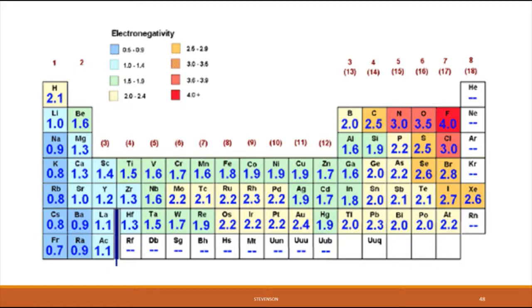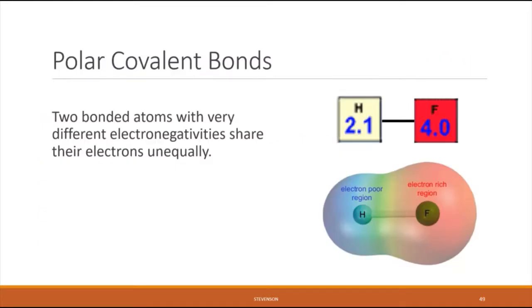And when they get together in a bond with another element that is not as greedy as they are, then they tend to form very unequal distributions of the shared electrons.